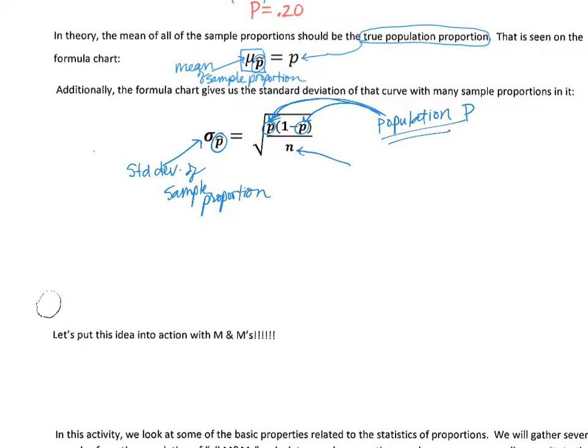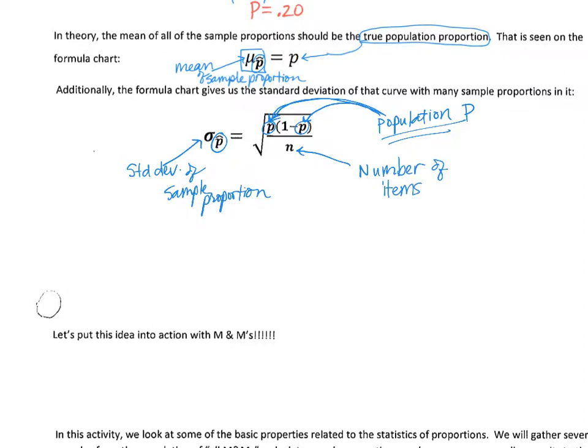Now, what's this n? The number of what? Okay, you're closer. That's not how many samples I get today. It's not the number of blue M&Ms I get. It's the number of items in my sample.